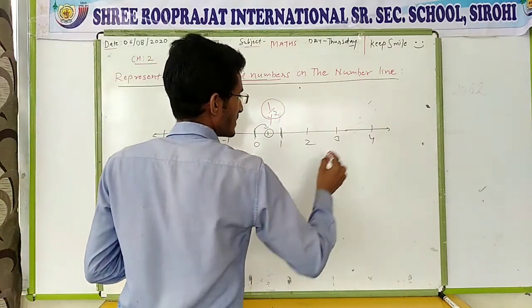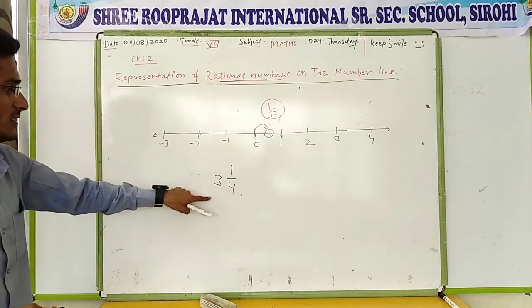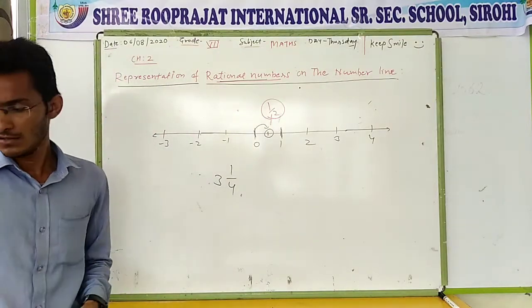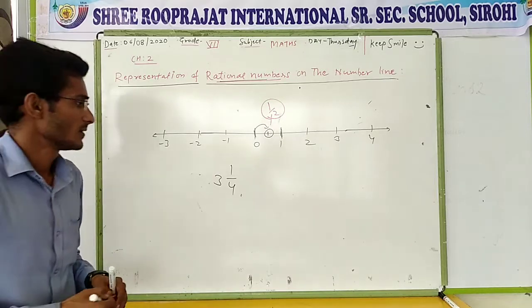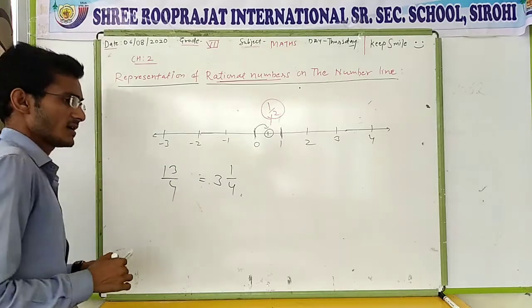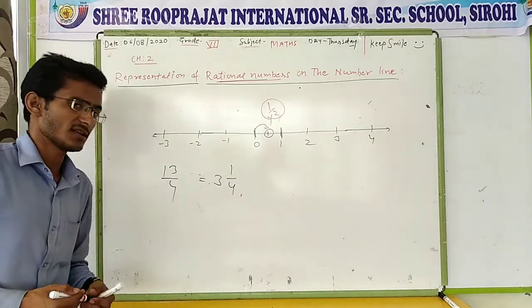Sorry, not 30, it is only 3. So now you have to mark 3 and 1 by 4 on a number line, or you can say it is 13 by 4. It is given either as 13 by 4 or 3 and 1 by 4.